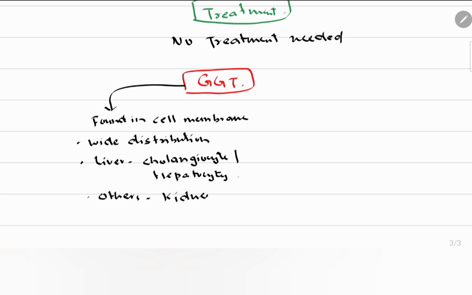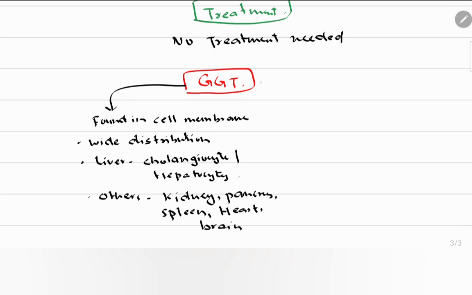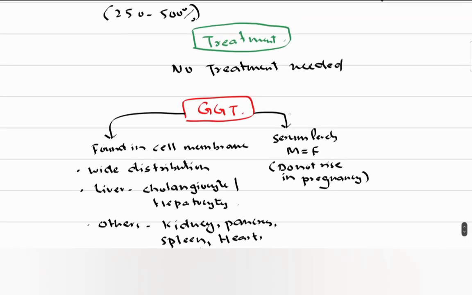It may be found in other organs like kidneys, pancreas, spleen, heart, and brain. The serum levels of gamma glutamyl transferase are equal in both males and females. And it should be noted in pregnancy, GGT levels don't rise.